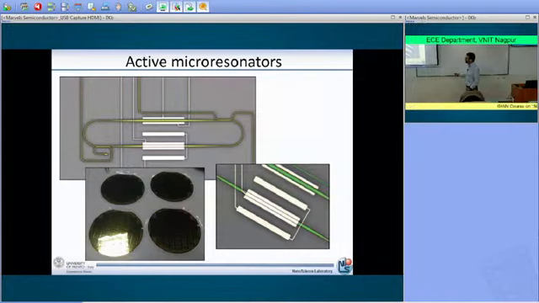And so in this case, you can have a phase control here and there of the light that is traveling inside the microring resonator. Okay? And so you can change the properties of the microring resonator by injecting a current through these metal wires. And so this is the reason why they are called active microresonators.